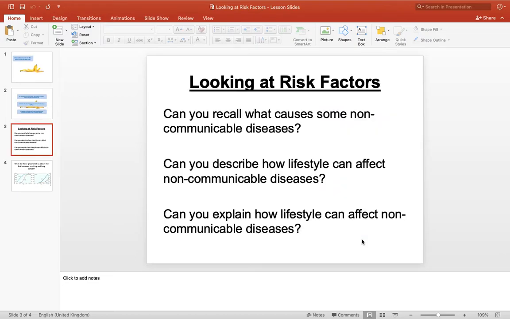So today's title, as always, I would like you to write the title in your book, please, looking at risk factors. As I said, this is the start of a new topic. Let me just have a quick look in my book, what B that actually is. We are looking at B7, okay? So this is the start of B7. By the end of this lesson today, you should be able to recall some causes for non-communicable diseases.